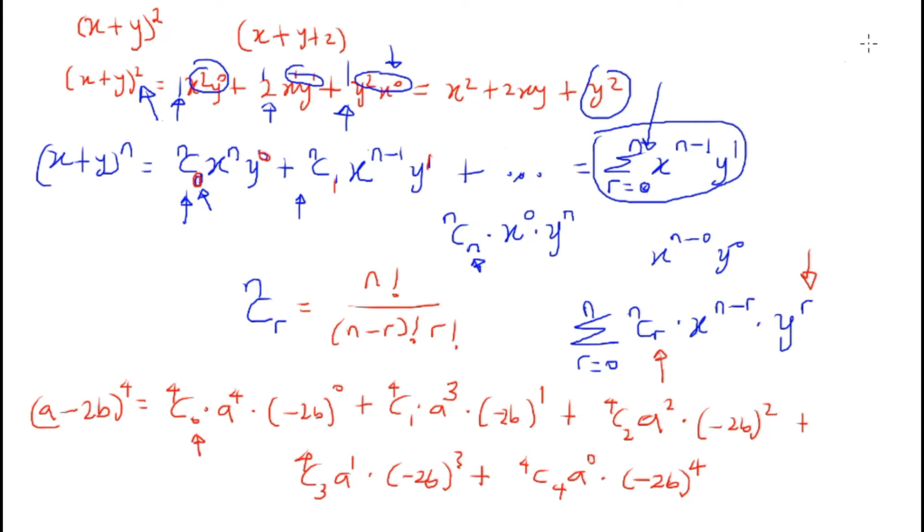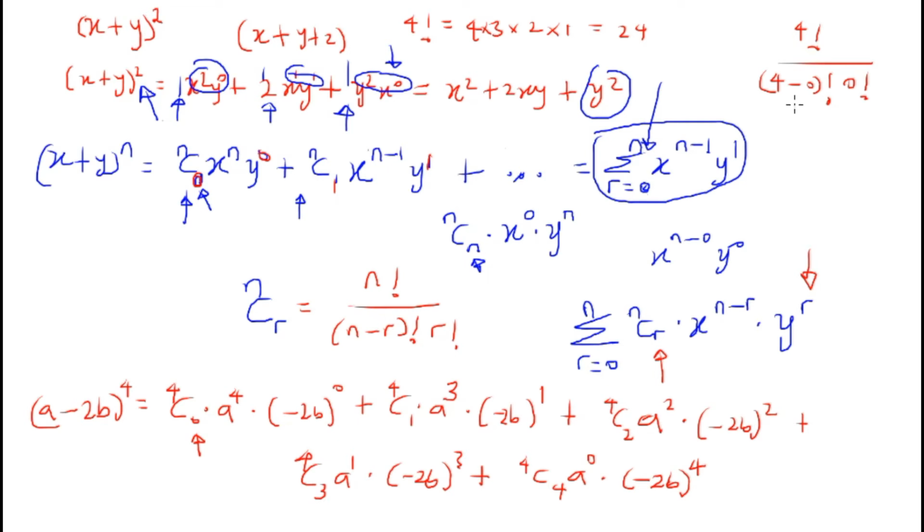So if I have 4 combination 0, that means 4 is the n, so I'll have 4 factorial upon (4 minus 0) factorial, then 0 factorial, where r is 0. 4 factorial means 4 times 3 times 2 times 1, which is actually 24. You can do this on your calculator.